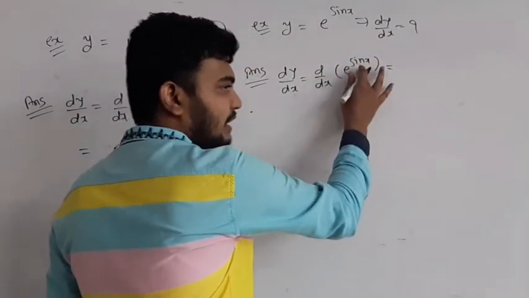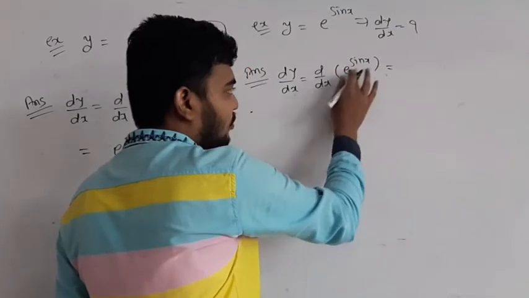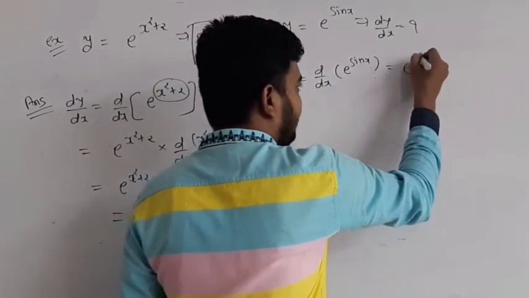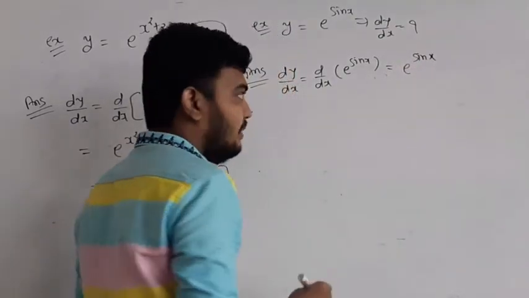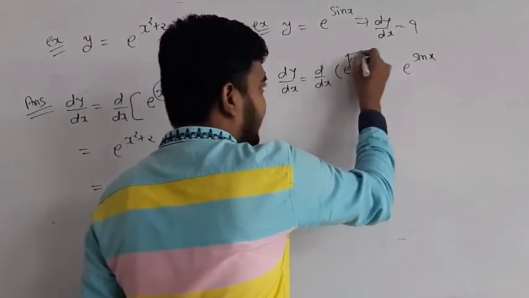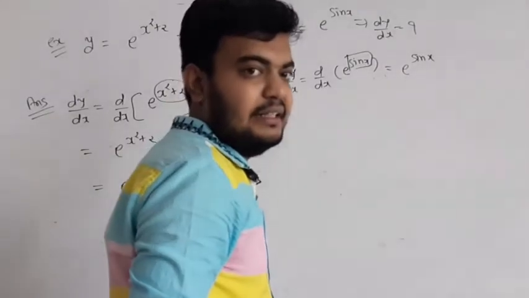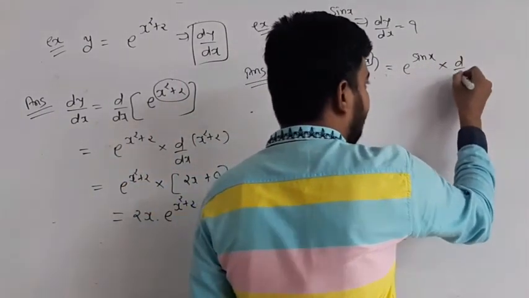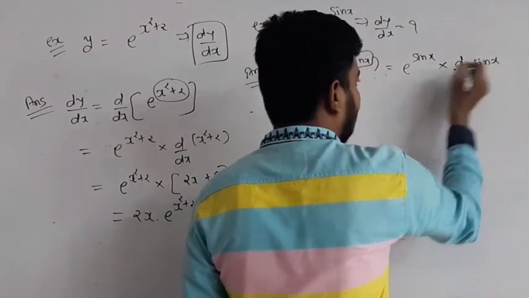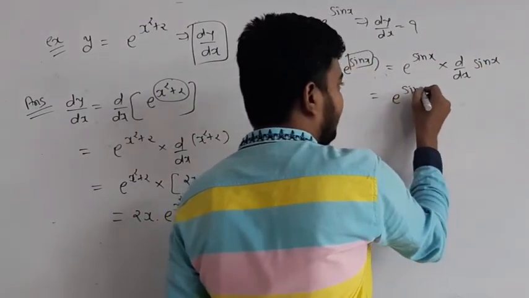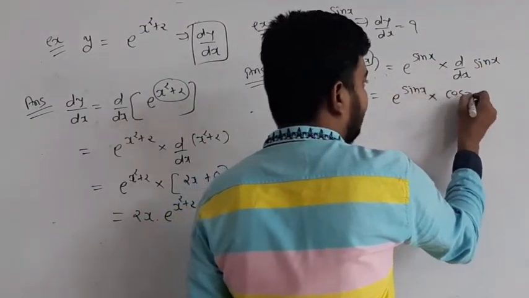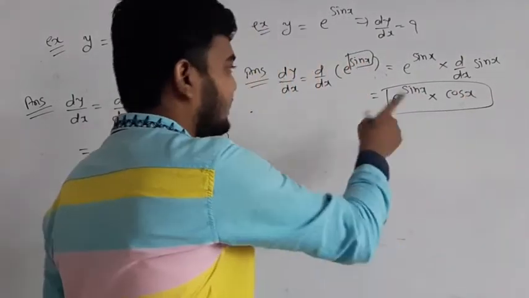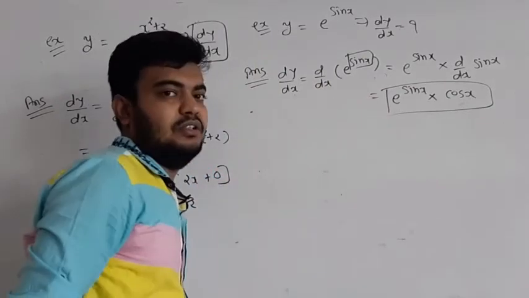If there is e raised to a variable, then the derivative is the same, but if there is any function instead of x, then the derivative of this function remains. So e raised to sin x cross d by dx of sin x, which is cos x. So the derivative of e raised to sin x is e raised to sin x cross cos x.